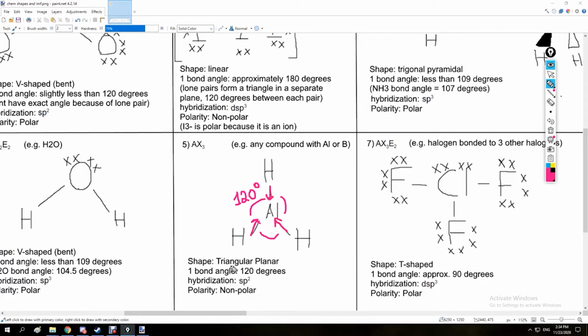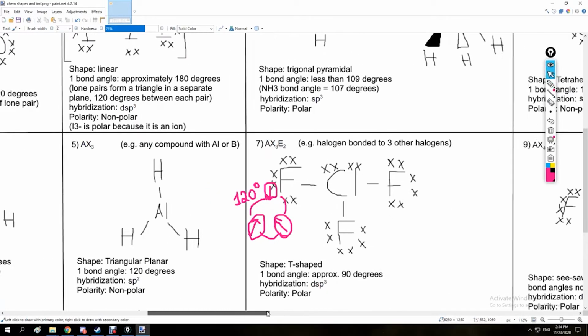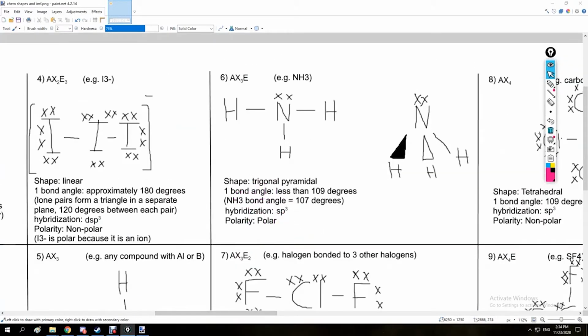The shape is trigonal planar. One bond angle you need to know is 120 degrees, and since you have 3 electron regions, it's sp2, and since we already said the net dipole is going to be equal to 0, it's going to be a nonpolar shape. Next shape is AX3E, which is trigonal pyramidal.